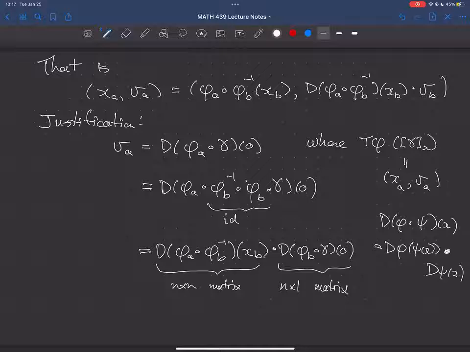Okay, so this is just matrix multiplication. But the point is that what's this thing right here? This thing right here, by very definition, is VB.